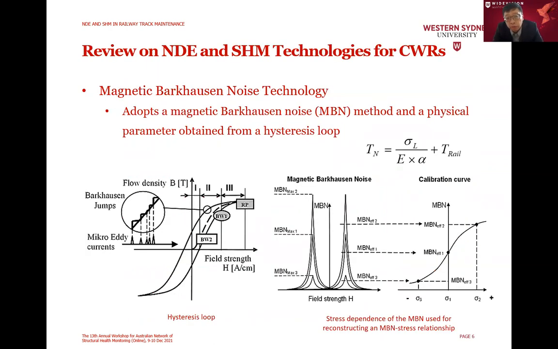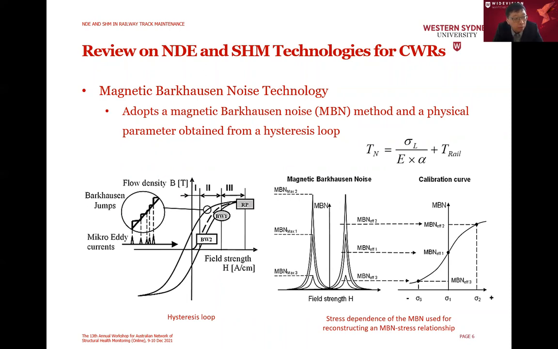First of all, we review NDE and SHM technologies for CWRs, for all three methods. The magnetic Barkhausen noise technology adopts the magnetic Barkhausen noise method, and we use the physical parameters obtained from the hysteresis loop. This loop gives the relationship between the field strength and the flux density.